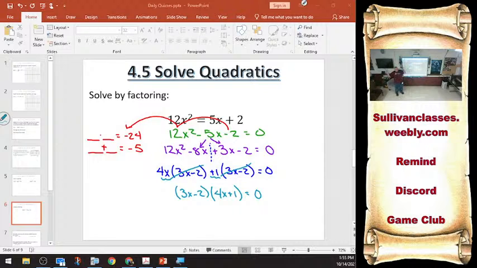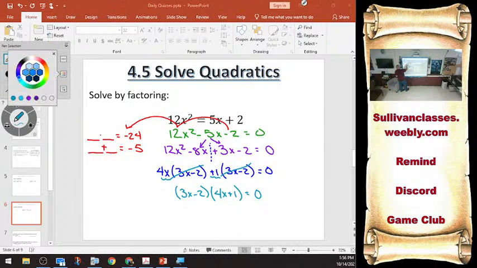Cool, done. Right? No. This would be a big, big, like warning, danger, danger, neon flashing sign for your quiz. If this is solved by factoring, don't just factor and quit. You have to finish it off.